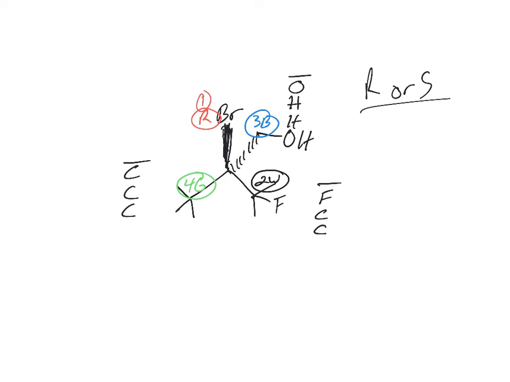You need to have the green to your left, the white to your right, the red coming at you, and the blue going away from you. If that maps onto the right one, you grab the green ball, turn it towards you, and say red, white, and blue. If red, white, and blue is rotating to the right, it's R. If it's rotating counterclockwise to the left, it's S. Which one is it? In this case, it is S.